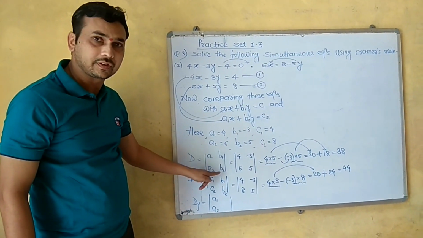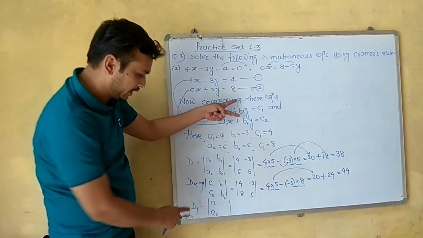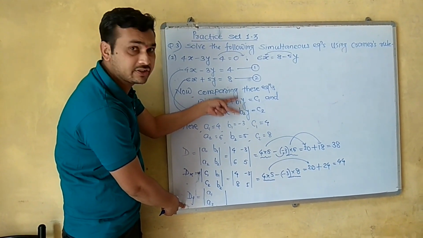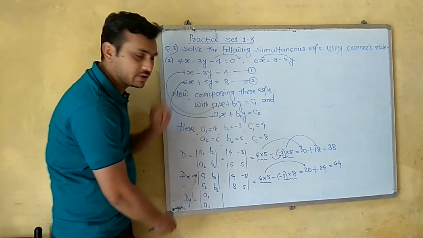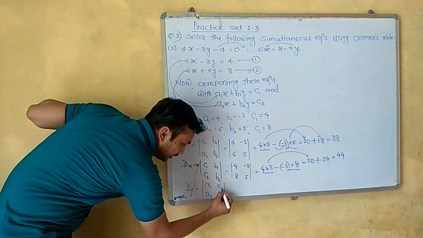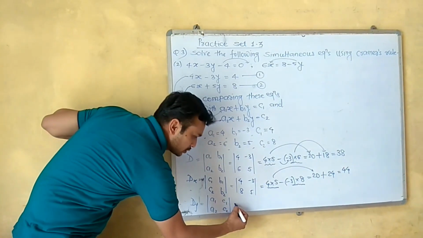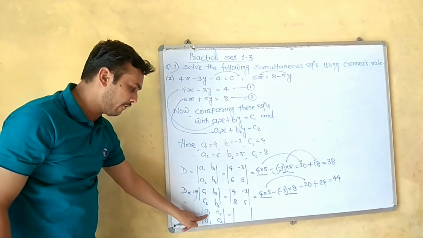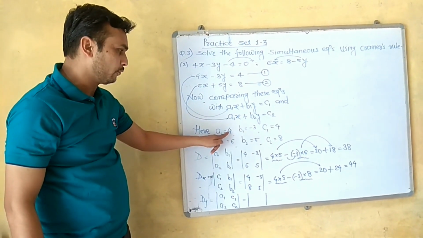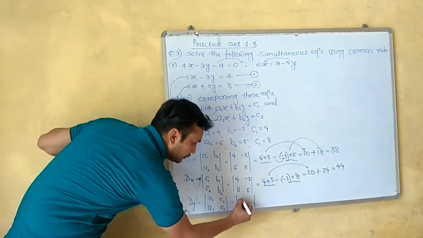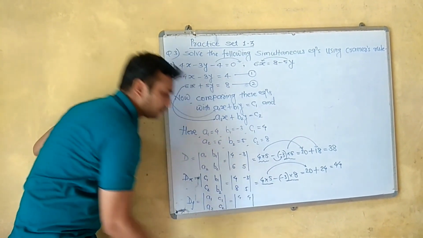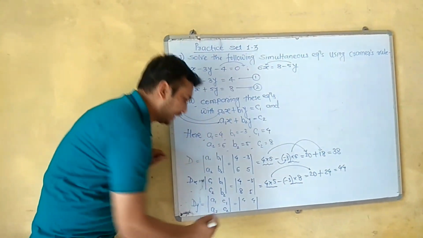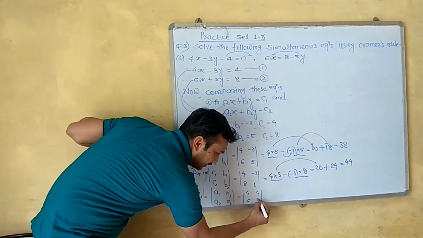In the second column, skip the coefficients of variable y and consider the constants c1 and c2. So the determinant is 4, 4, 6, 8.